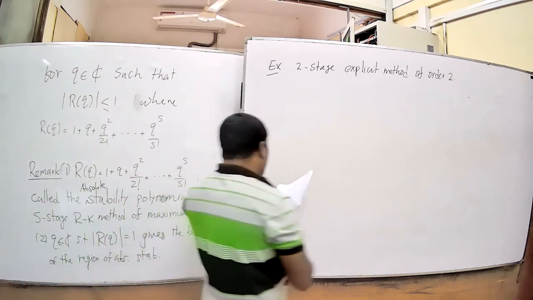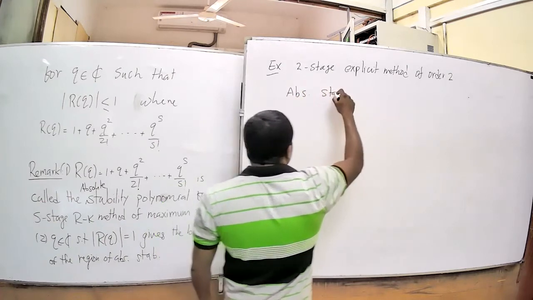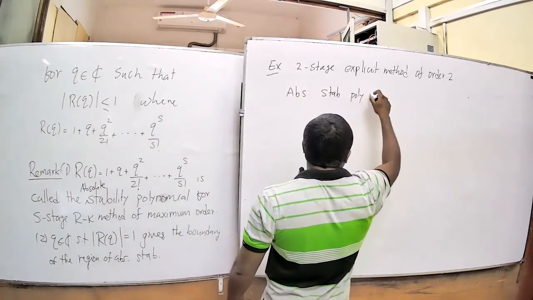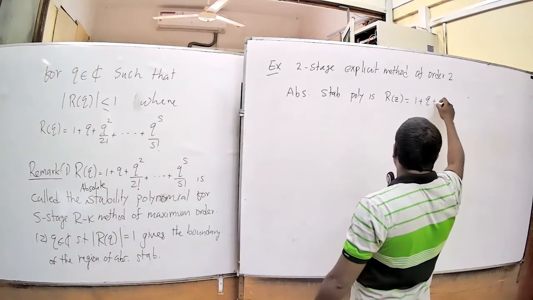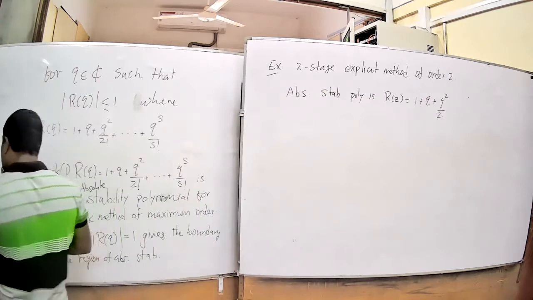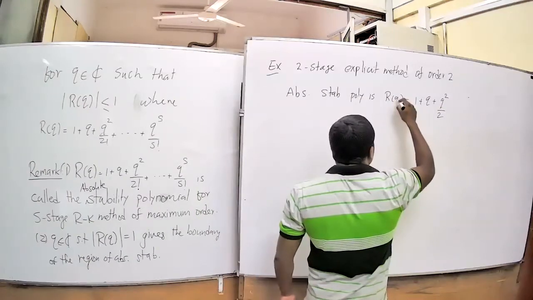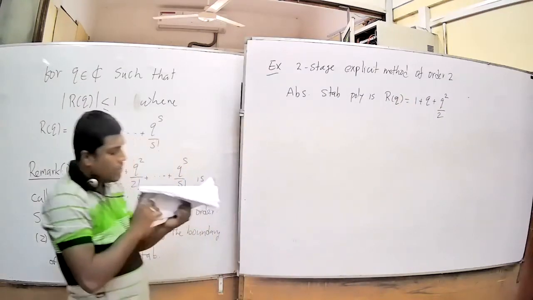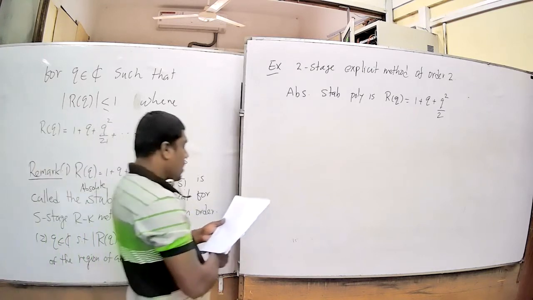So the absolute stability polynomial r(q) is equal to 1 plus q plus q squared over 2, because s is 2. So you want to get the boundary of absolute stability.